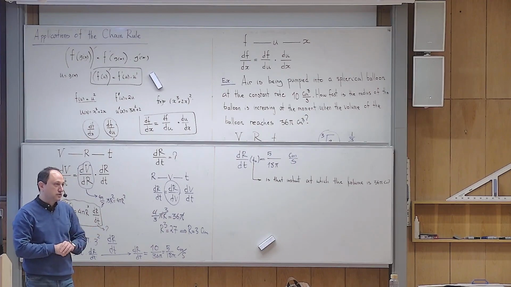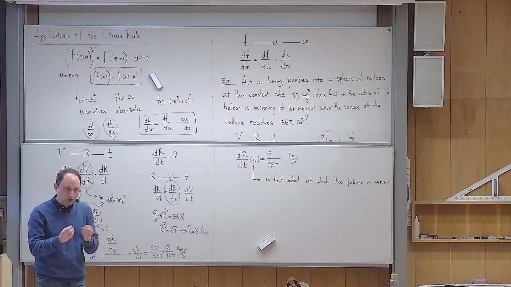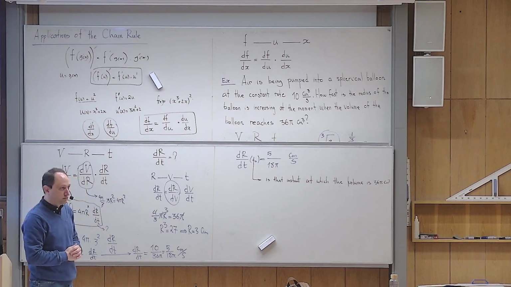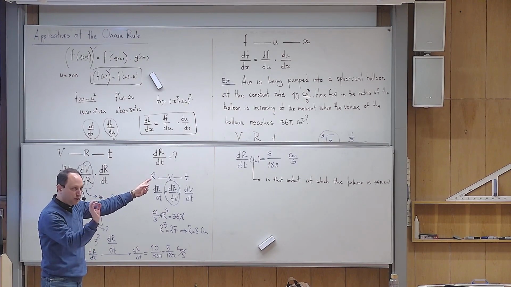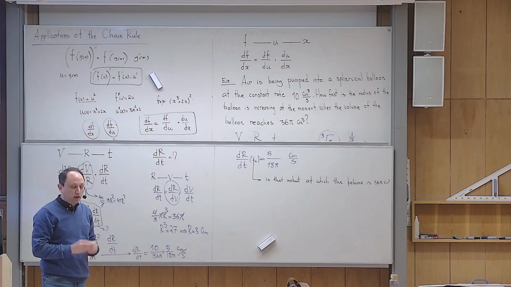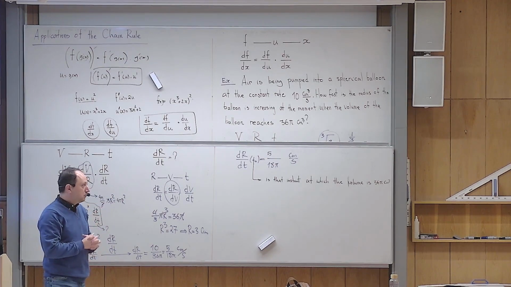How can you mathematically prove that your intuition is true? This will not help because this just gives you the rate at which the radius is changing at one instant of time. I want you to show me why your intuition about the rate of increase of the radius is true. How can I show that?